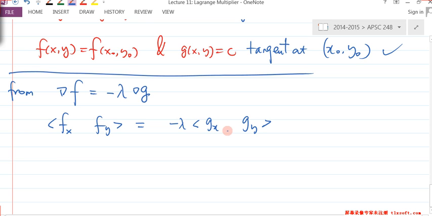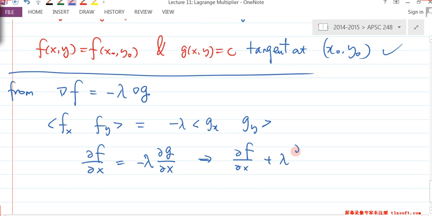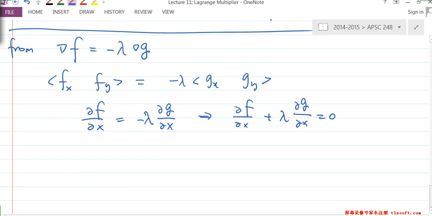If these two are the same, that means partial F over partial x equals lambda times partial G over partial x. Or the other way of writing it is to move everything to one side. That's the first equation you get.